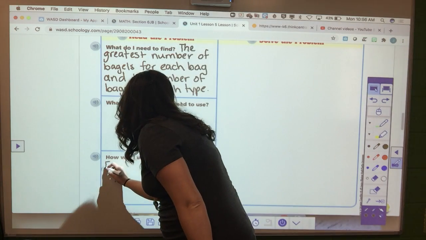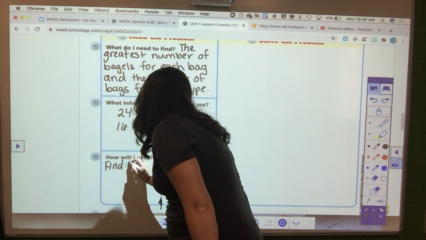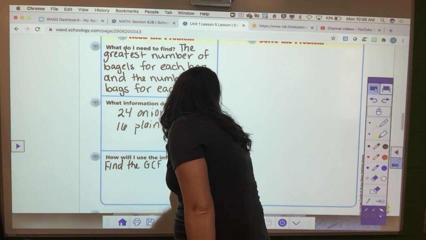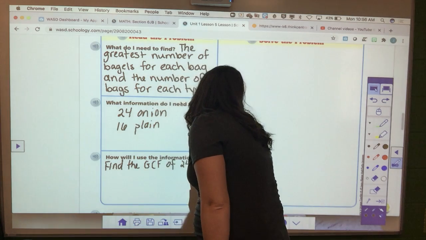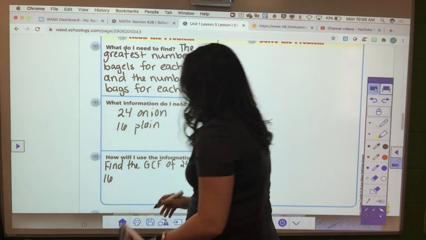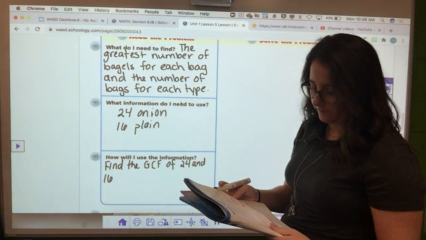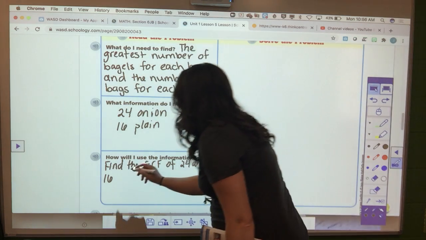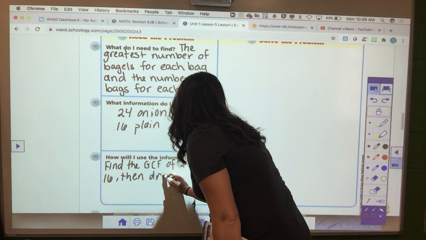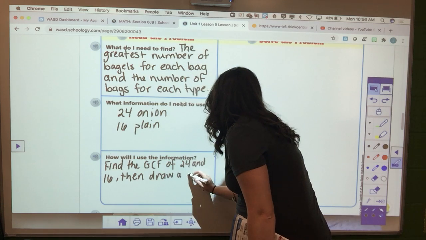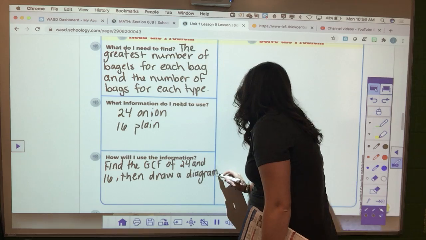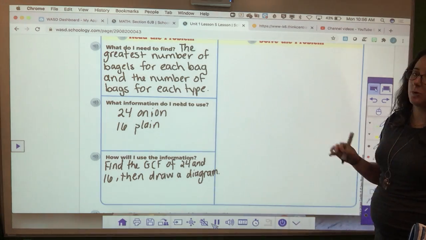We will find the GCF of 24 and 16. Then draw a diagram. Okay, that's what we're going to do today.